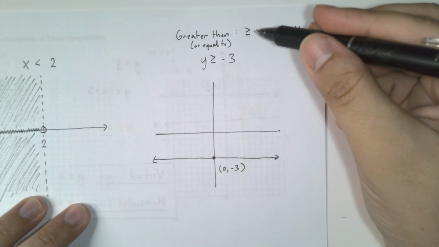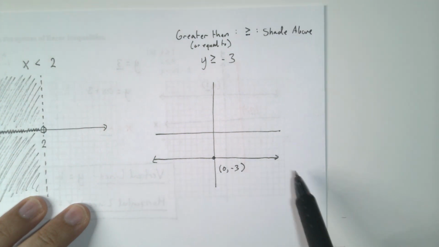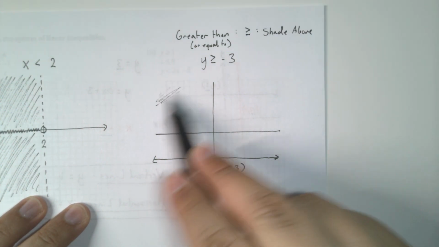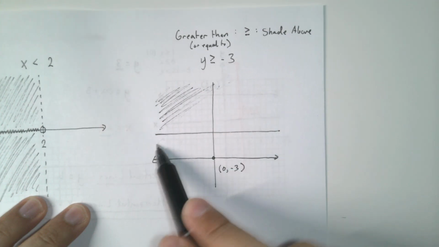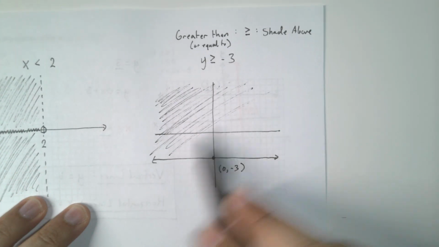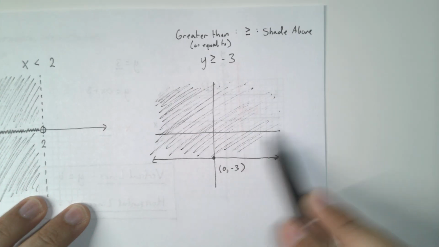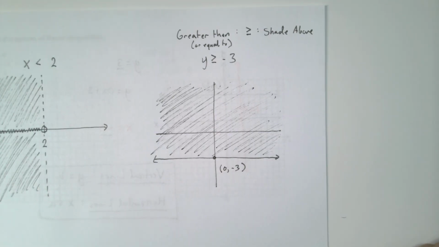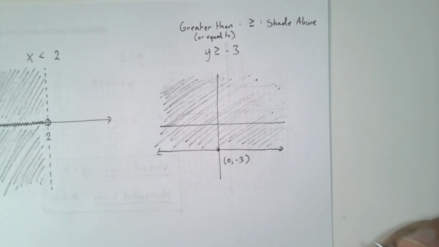So we'll always shade above when we see a greater than. And so we graph our line, and then we shade everything above it, like that.